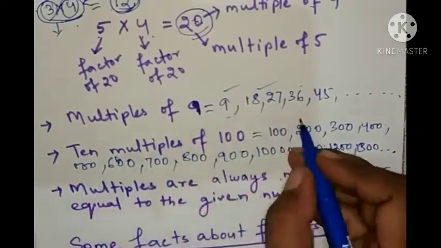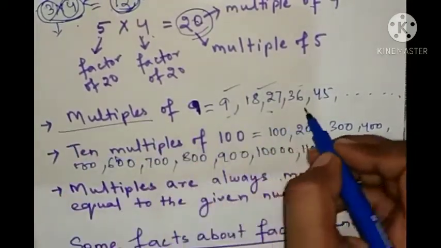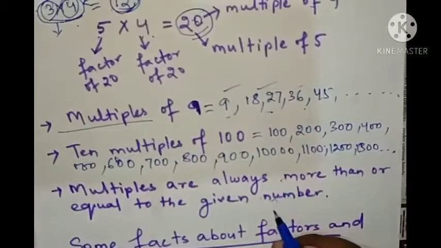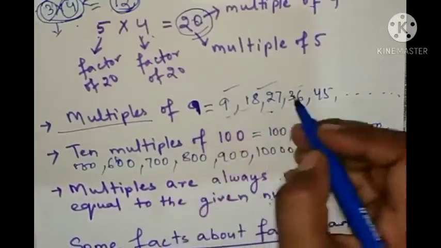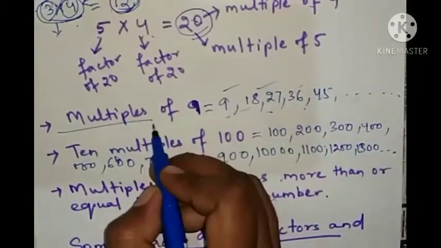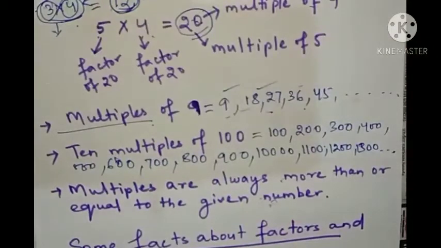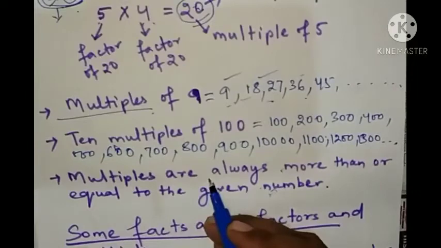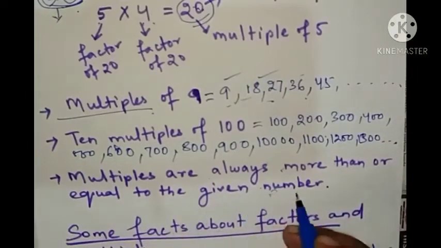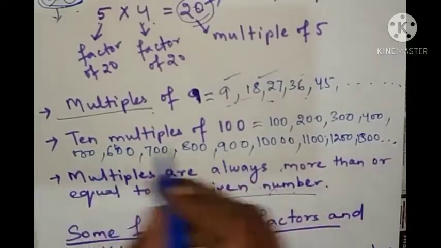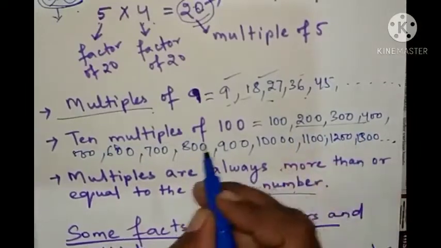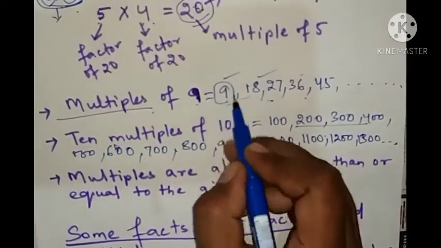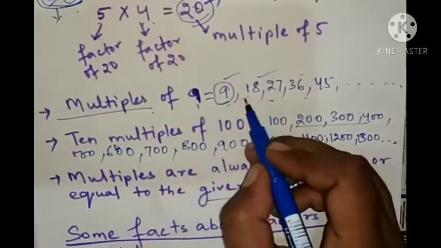So multiples are what you get by multiplying the number. Multiples are always more than or equal to the given number. Look here, 9 is equal to 9, but the others are more.